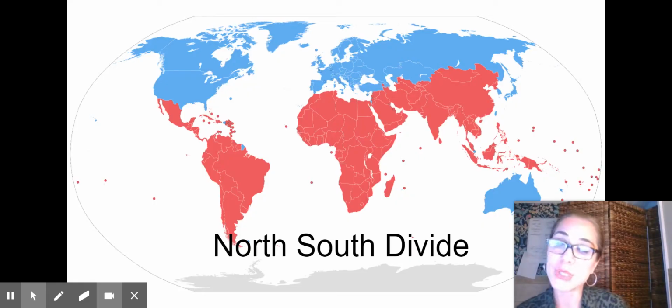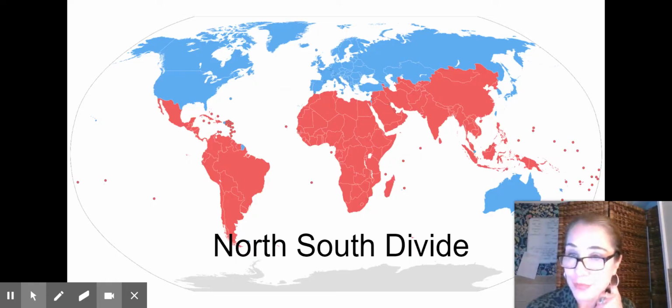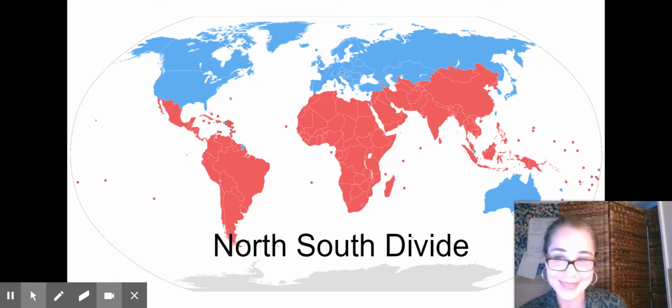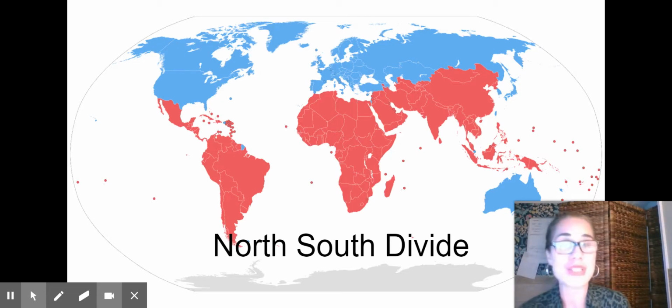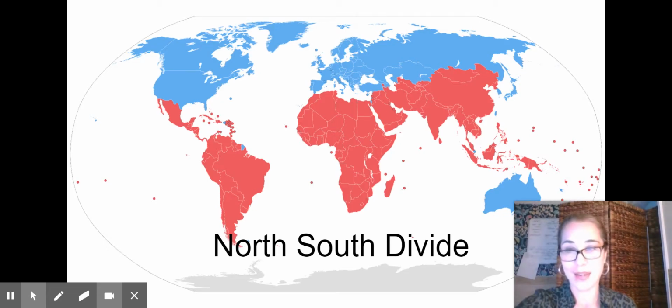The places with the lowest level of development tend to be in the southern hemisphere, with the exception of Australia. Why there? Well, we're not going to answer that in this lesson today. We're going to work to truly understand that when we talk about the history of colonialism and global trade policies over the next week or so.